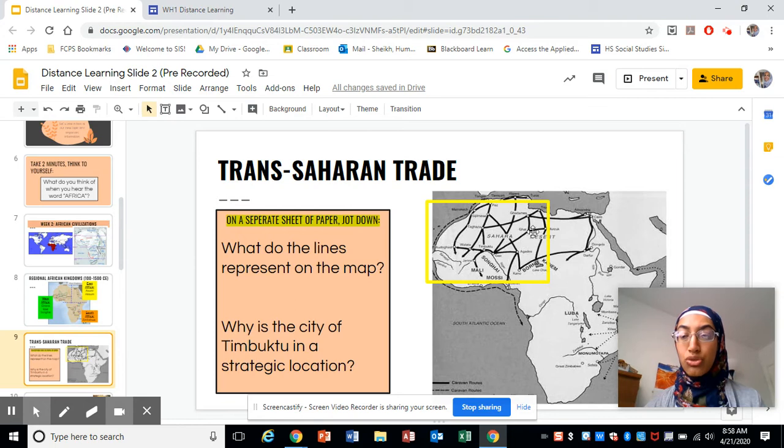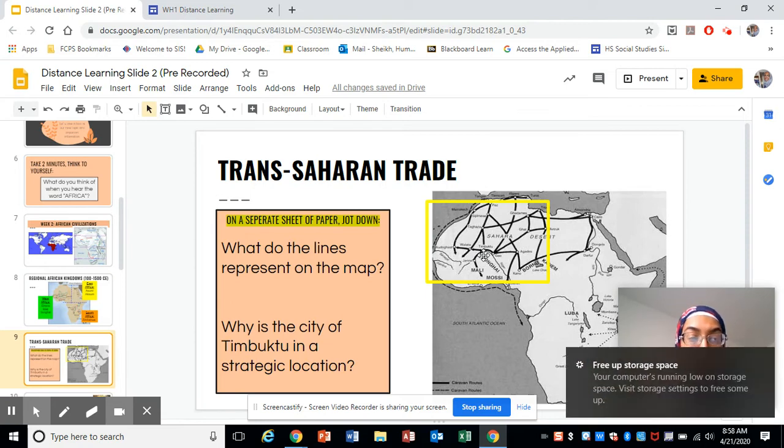So we call this the trans, meaning across, Saharan, name of the desert, trade. They did this through caravans. They brought their camels and would exchange goods and services from the Middle East and Europe with Africa. Timbuktu, located here, right in the middle of the trade routes, is going to become a very important trading center, as you will hear in the video that you watched today.